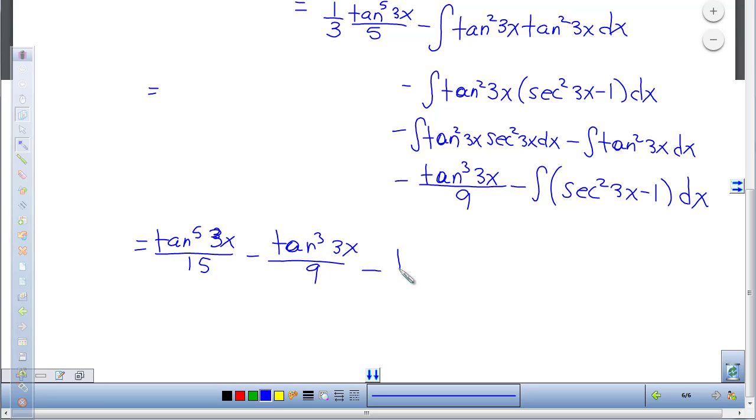Minus tangent 3x over 3. Is that right? We're still doing that same substitution. Our u is tangent 3x, du is secant squared 3x dx. And then we've got 1 dx, so we can say plus x plus c. And that's our answer. Questions about that?